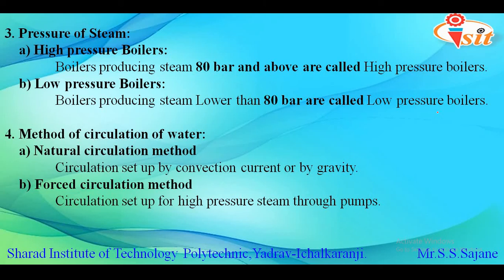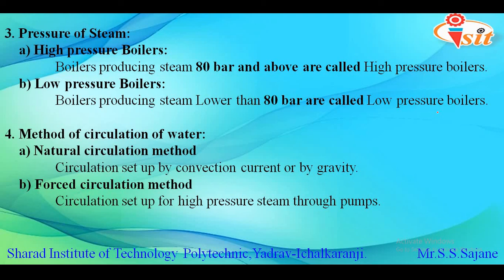Again, the next classification is based on the method of circulation of water. First is the natural circulation method, and the other one is the forced circulation method. In natural circulation, the circulation is set up by convection current or by gravity, whereas in the forced circulation method, the circulation is with the help of high pressure pumps.